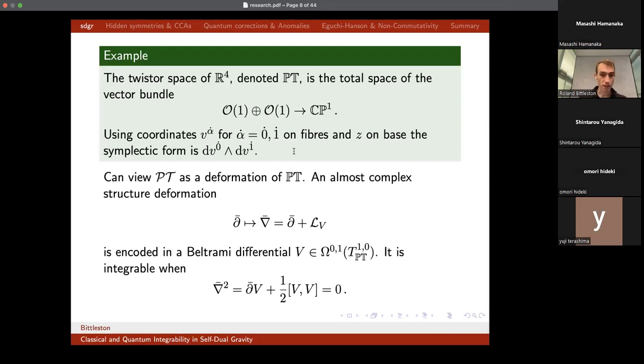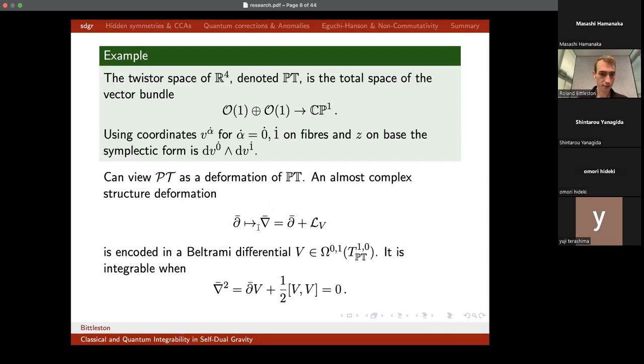I'm going to be looking at perturbative quantum field theory. So that means I want to view my space-time as being a deformation of flat space. And to do that on twistor space, I just need to view this curved twistor space as a deformation of the flat twistor space. We can encode a deformation of an almost complex structure on twistor space in a deformed covariant Dolbeault operator.